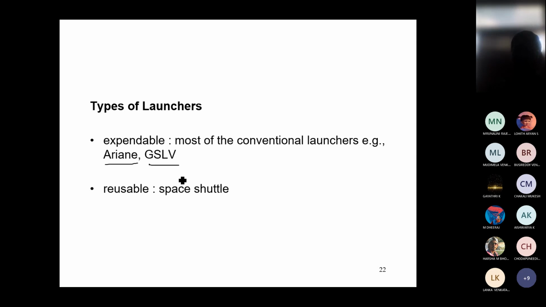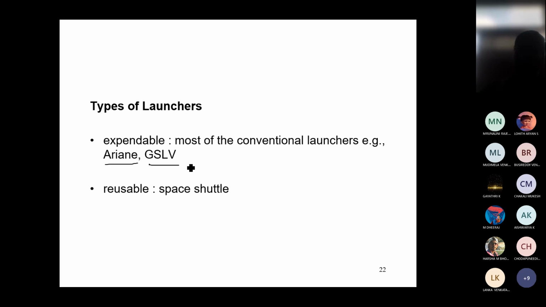And currently ISRO is working on a space shuttle which is reusable, because nowadays all the rockets we are using are for one-time use. That means once you have launched the satellite, the rockets or the launch vehicle will not be in use, they will fall down in the sea. That is called dead mass, for no use.